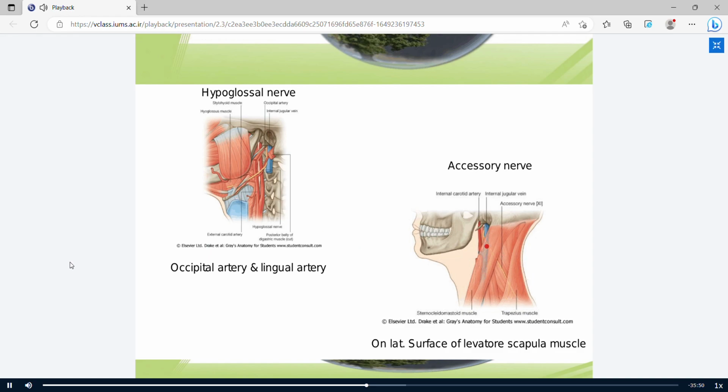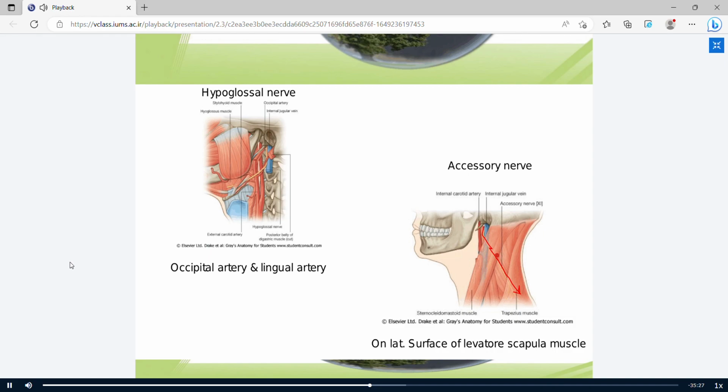This is the accessory nerve, which exits the skull from the jugular foramen. After that, it innervates the sternocleidomastoid muscle, then goes to the posterior triangle muscles. Finally, it innervates the trapezius muscle.